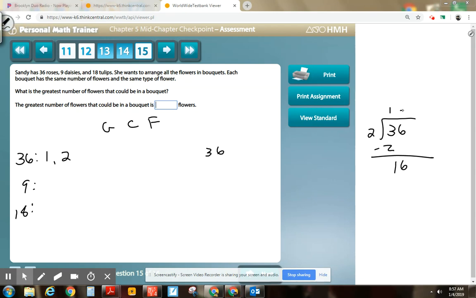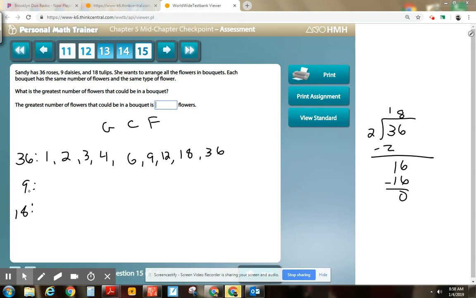How many 2s fit into 16? 8. And I don't have any remainder. So 2 times 18. And I know 3 times 12 is 36. How about 4? Can 4 fit into 36? Yes, because 4 times 9. 5, no. 6. 6 times 6 is 36. All right, so those are my factors for 36.